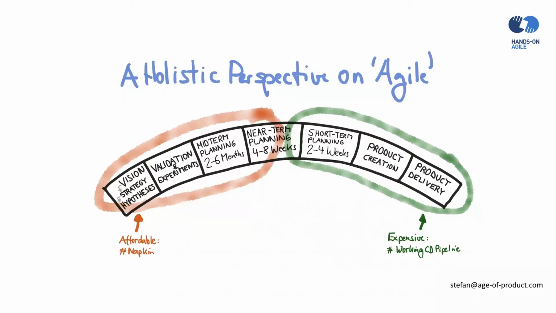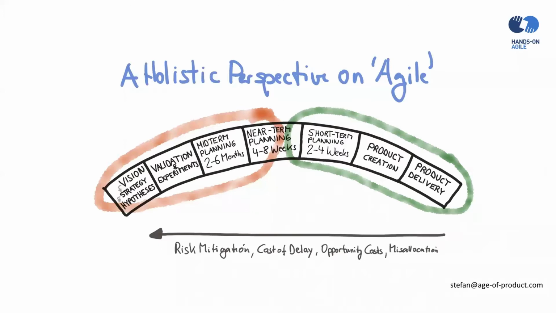This is also the reason why I believe that the product backlog, the near-term planning, is so important to actually make Agile product development work, for a very simple reason. If we talk about risk mitigation, cost of delay, opportunity cost, misallocation of resources, all this can be directly attributed to having the wrong kind of backlog, not getting the product backlog process right.